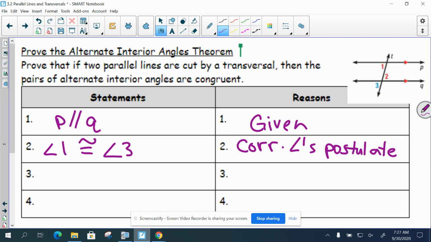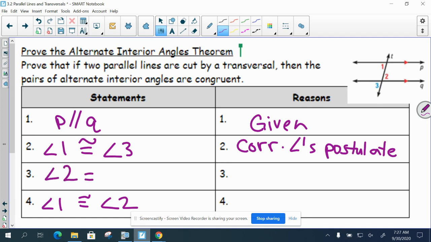One thing that you can actually say for step 4 is what you're trying to prove. So if you're trying to prove that the alternate interior angles 1 and 2 are congruent, then you can say angle 1 is congruent to angle 2. Now you don't know the reason yet, so you're going to have to wait on that one. But how about step 3? What else can we say from this diagram? What other things can we say are congruent to each other? Well, you have vertical angles, so you can say that 2 and 3 are congruent.